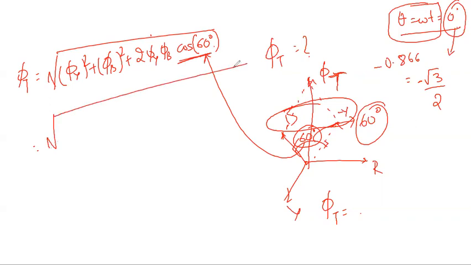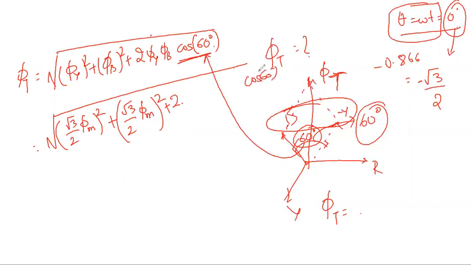Phi y, the instantaneous value of flux, is root 3 by 2 times phi m, the whole squared. I'll be taking only the magnitude. Next, root 3 by 2 phi m, the whole squared, plus 2 times cos 60. Next you will have root 3 by 2 phi m into root 3 by 2 phi m.